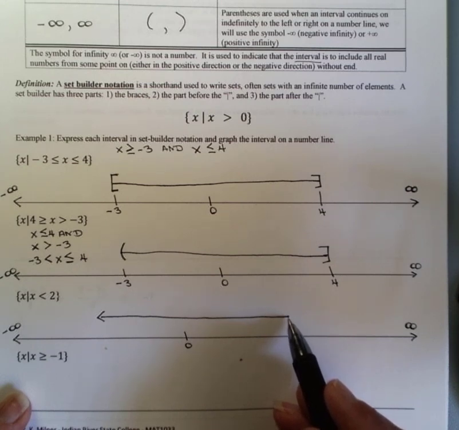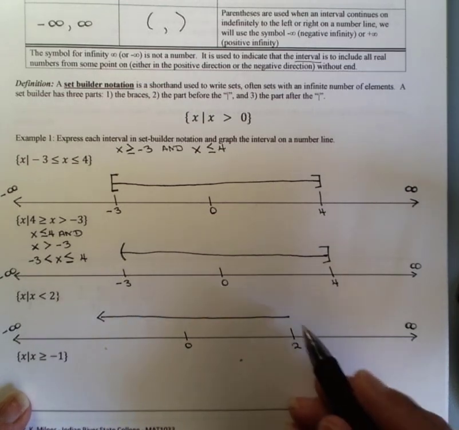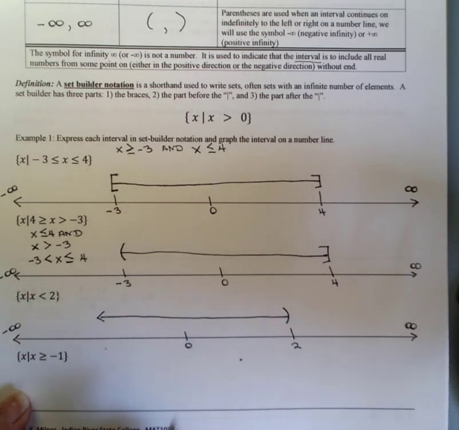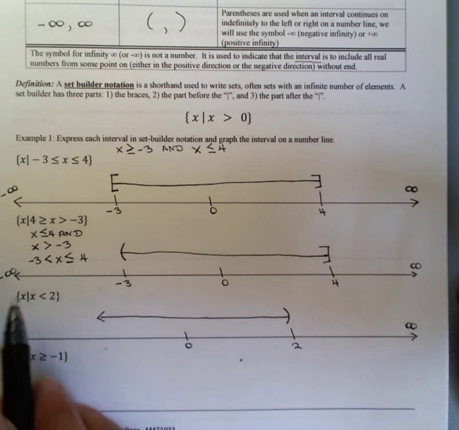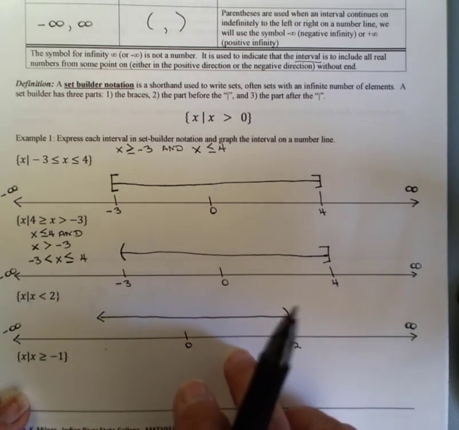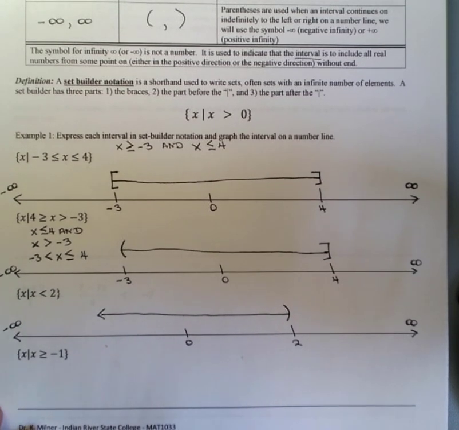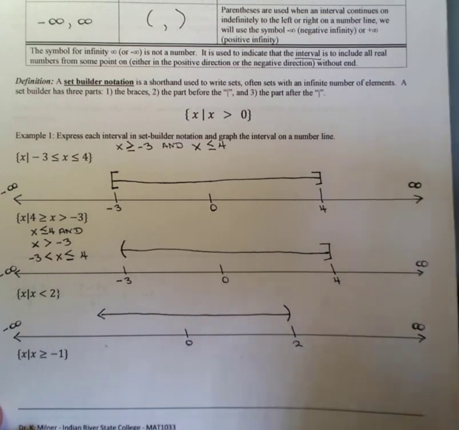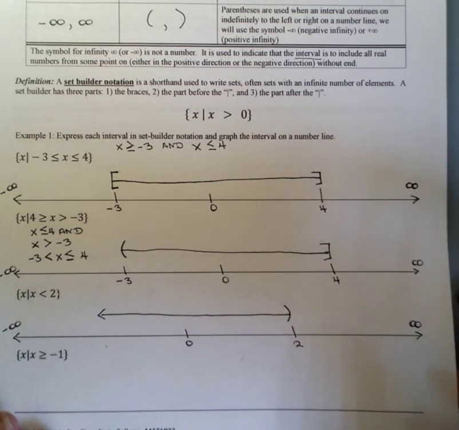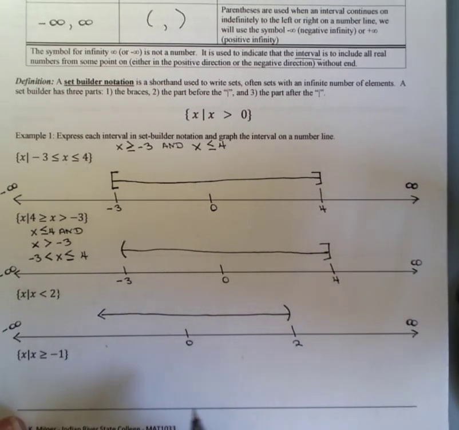I would say that is going to be a round bracket because it is not equal to the 2. So where does the round bracket with the inequality sign come in? Well, we're going to add that in just a minute. I'm going to finish this next one, and then we're going to come back and do some other notation with these. We've got set builder notation, and then we'll have another notation to add.